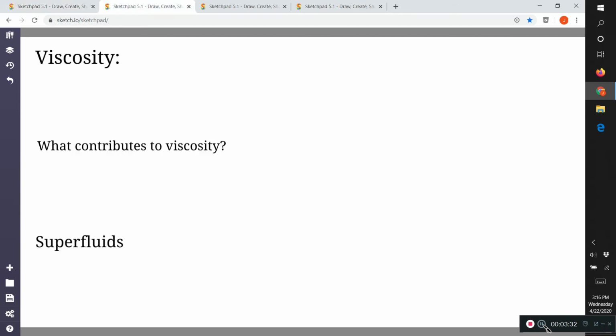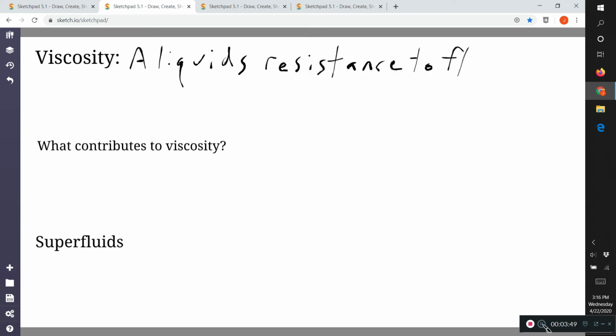One of the concepts we talk about with liquids is their viscosity. So viscosity is a liquid's resistance to flow. Water, which is a liquid we think of a lot, is very non-viscous.